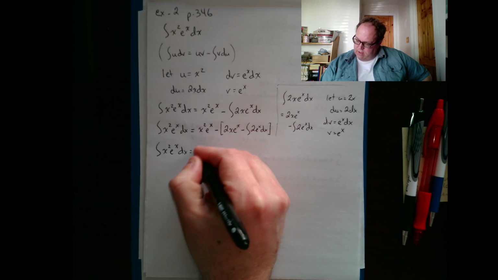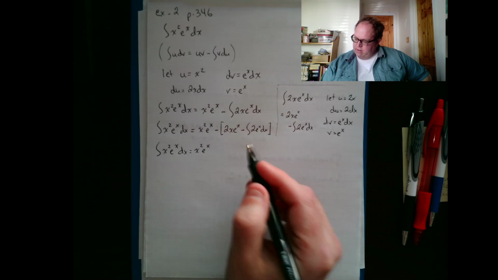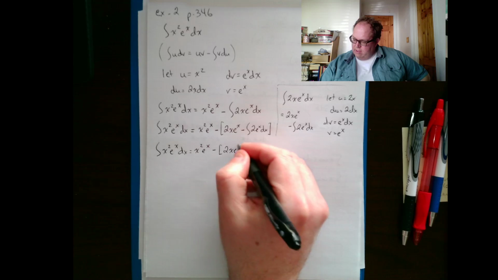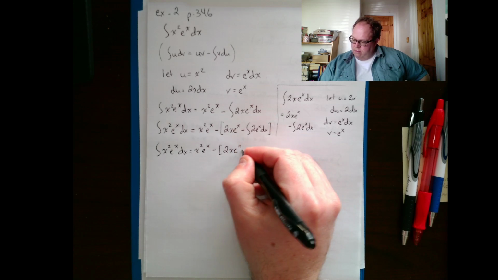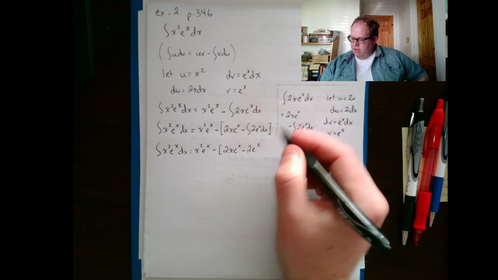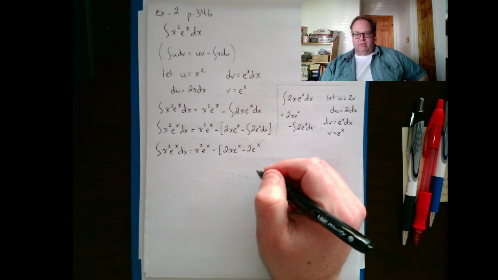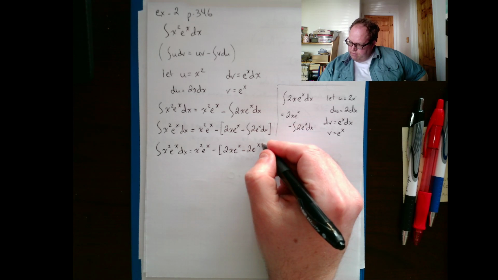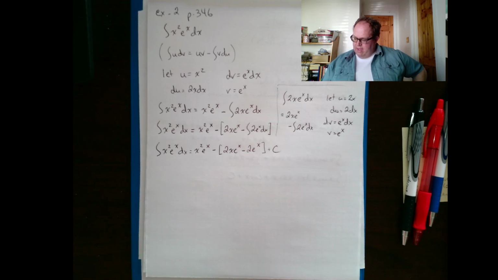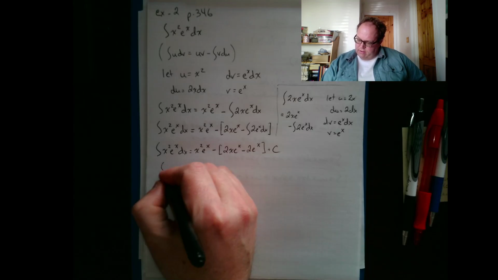So this equals x squared e to the x minus 2x e to the x minus, and that is just going to be 2e to the x, since e to the x is its own antiderivative. And tack a constant on the end, and now we'll just resolve the signs.